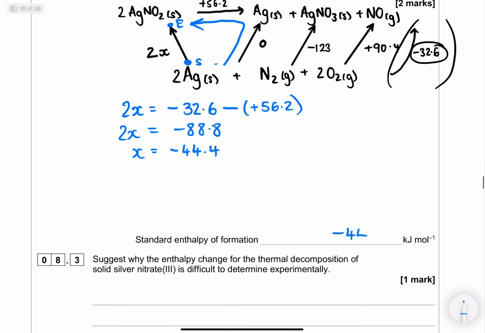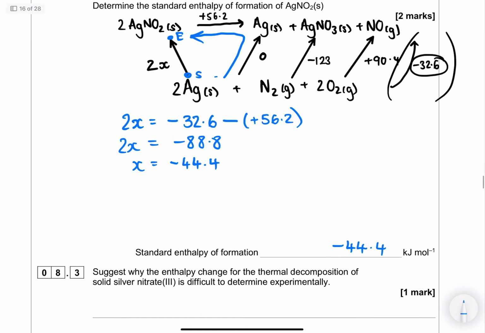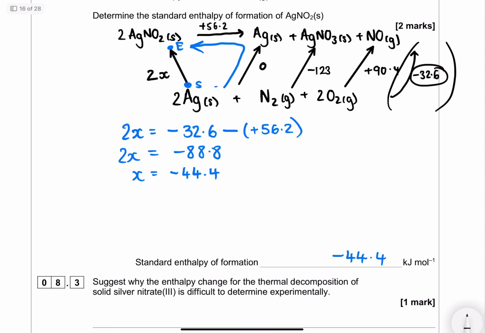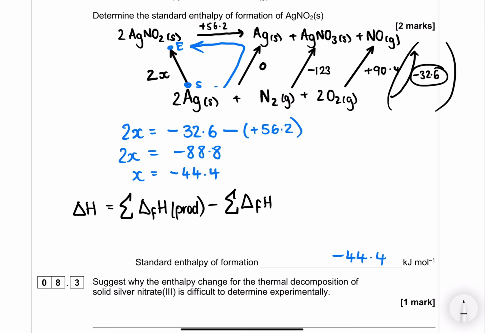Now, if you use the equation, which will work here because everything's the same type of data, the equation way of doing it, if you can remember it, is that the enthalpy change is the sum of the enthalpies of formation of the products minus the sum of the enthalpies of formation of the reactants.